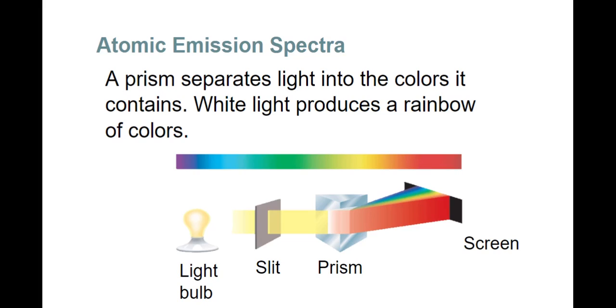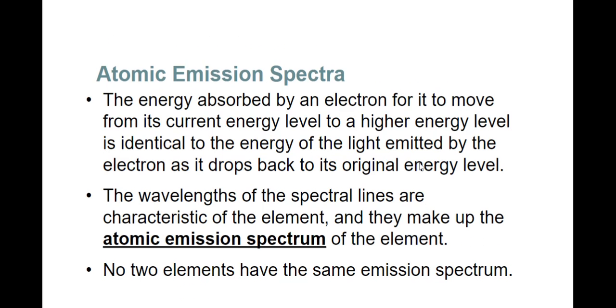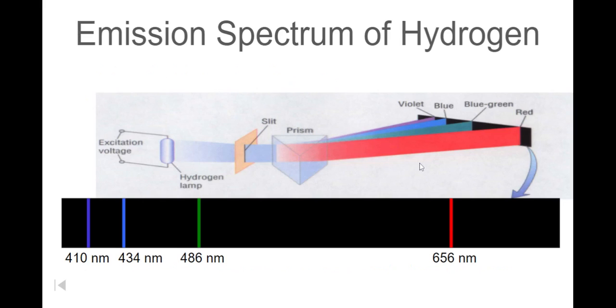But if you have light from a very specific element, basically, like this picture here is almost the same, except now we don't have white light here, we have a hydrogen lamp. So it just has hydrogen in it. That's the only element inside this little container here. When you add energy to it and excite those electrons, it gives off light.